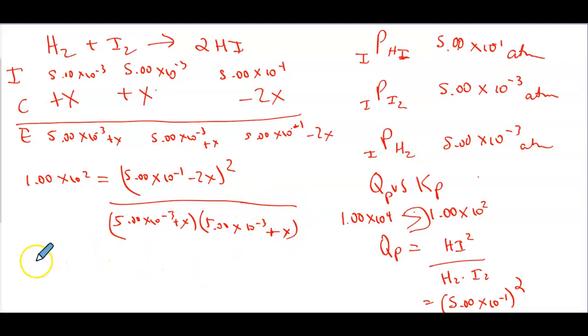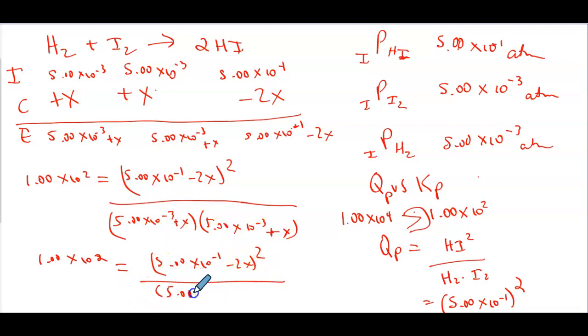Hopefully you're recognizing that that's going to be 1.00 times 10 to the second, and it's going to be 5.00 times 10 to the minus 1 minus 2x, that's squared, and these two are the same thing, so we also have 5.00 times 10 to the negative third plus x squared.